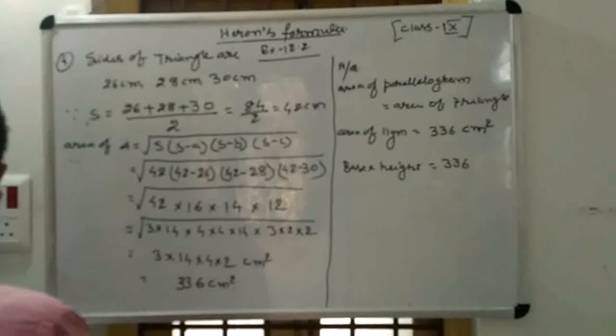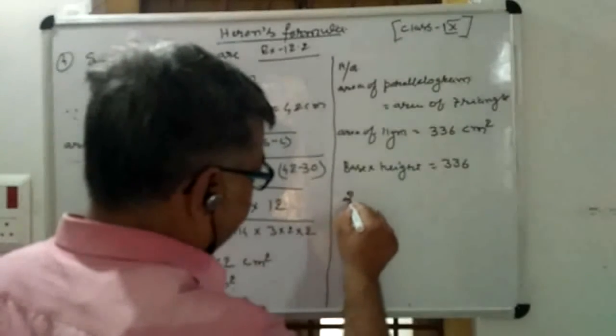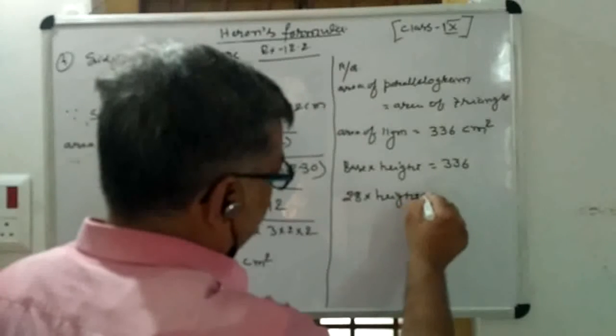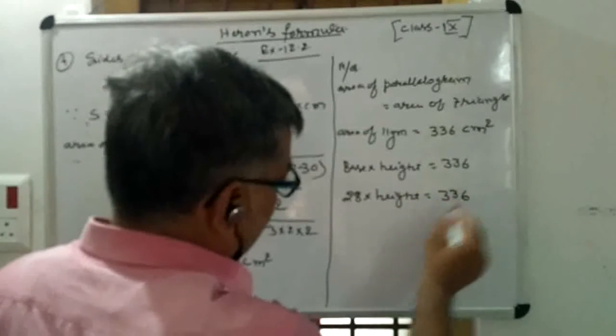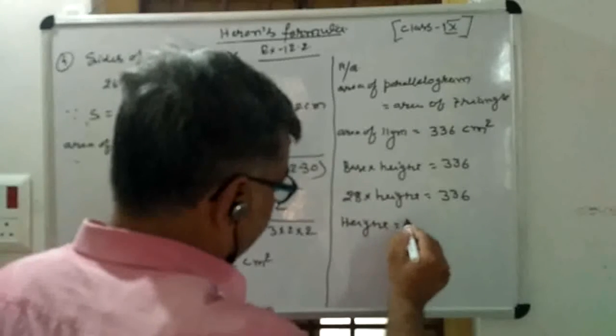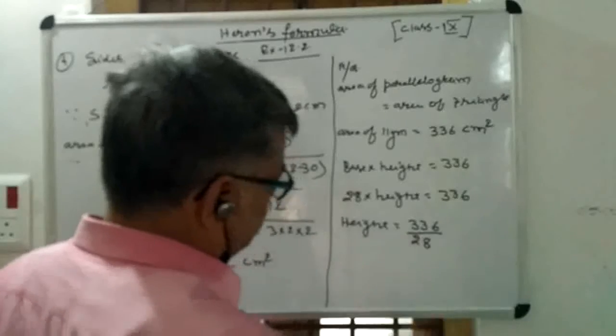The parallelogram stands on the base 28 centimeter, and the corresponding height is to be calculated. So your height will be 336 by 28.